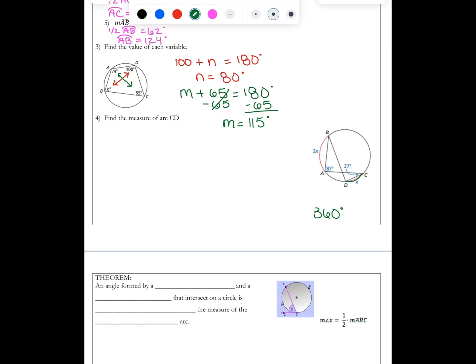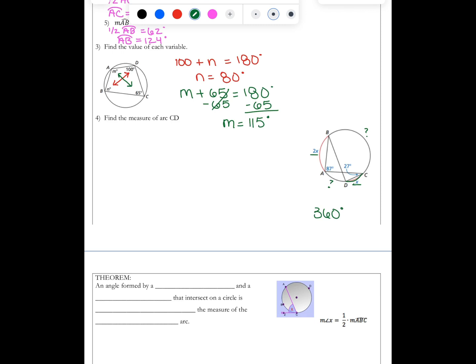So if we're trying to find this X here, we know that this is 2 X's, this is some unknown, and this is some unknown. If we can find all of those, then if we add them all together, they must equal 360 degrees. So if we can find our 2 question marks, then we can make an equation by adding them all together and setting them equal to 360 to solve for X.